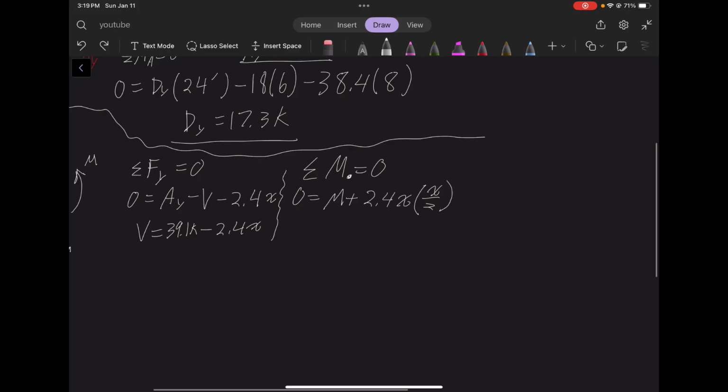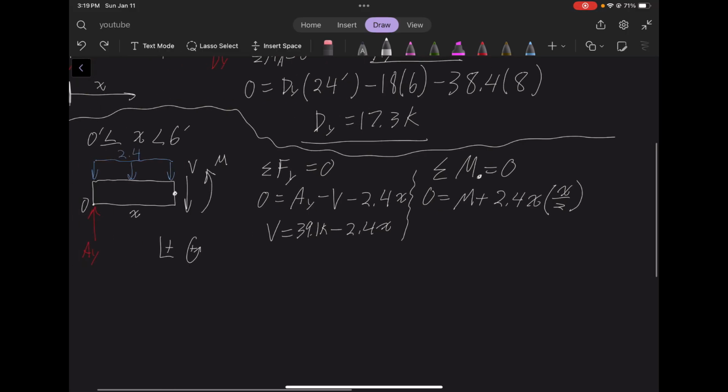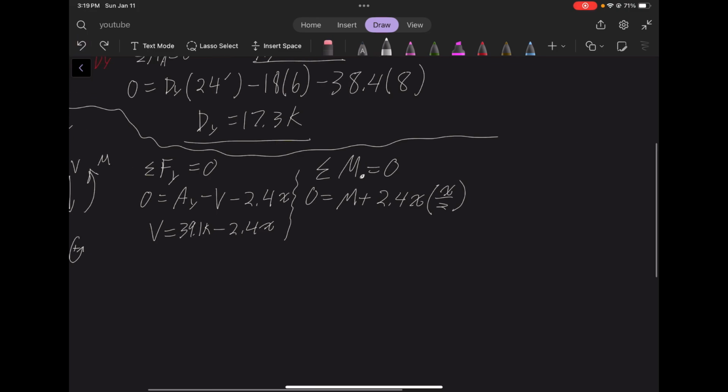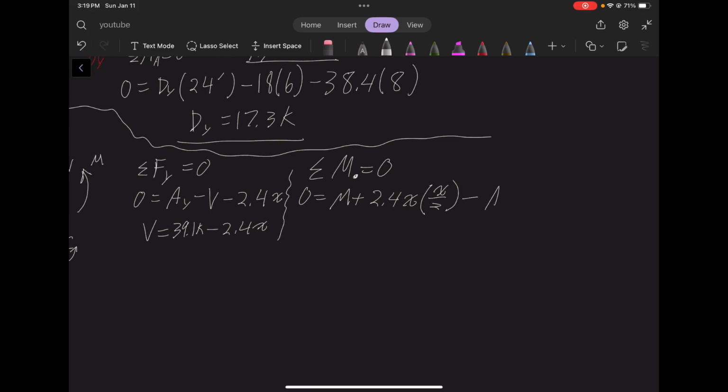So that's that point, and then this is minus the reaction. So minus, because it's rotating us counterclockwise, so it's rotating us this way. So it would be minus Ay x. Let's solve for our moment here. Again, we know what Ay is, I just like writing it in variable. M would equal minus 1.2x squared plus 39.1x. Of course, plus C in this situation would equal 0.